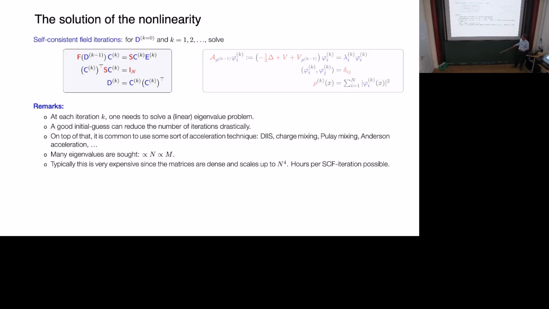So the naive scaling is n to the fourth, because you have dense matrices. Hours per SCF iteration are possible.